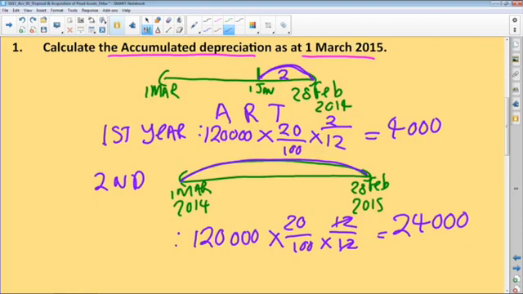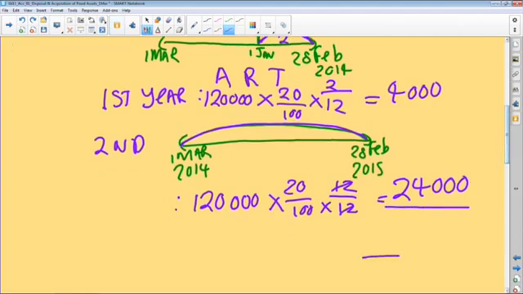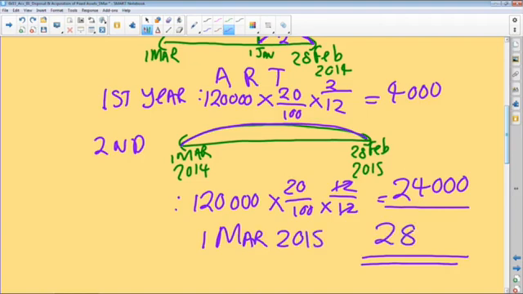Now that I've calculated my depreciation for the first year and the second year, remember the question wants me to calculate how much in total was written off by the 1st of March 2015. So in total, all I've got to do now, guys, is add up. My accumulated depreciation for the 1st of March 2015 will be 28,000.